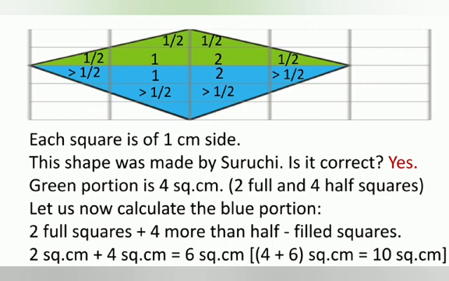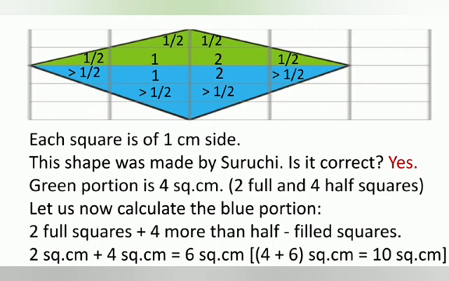You can see 2 full squares here, number 1 and 2. So the area of these 2 full squares is 2 square centimeter. You can also see 4 more than half filled squares. As you already know, more than half filled squares are counted as 1.